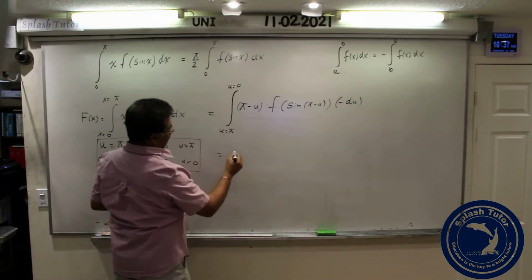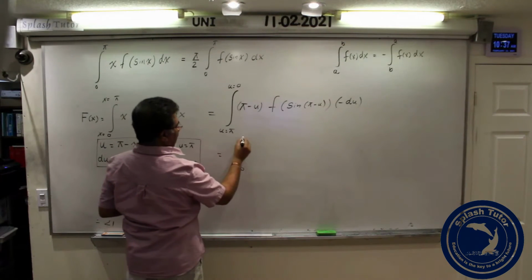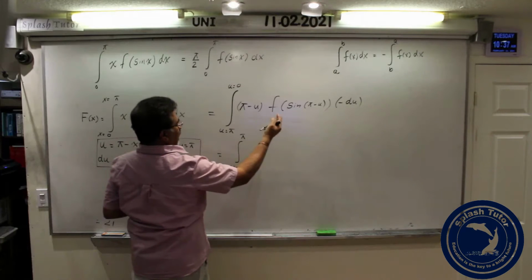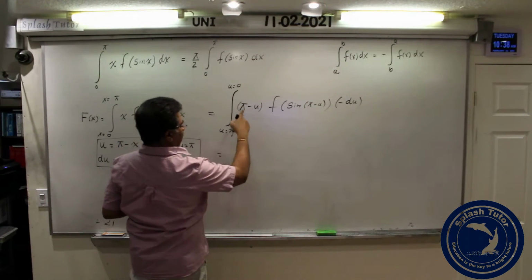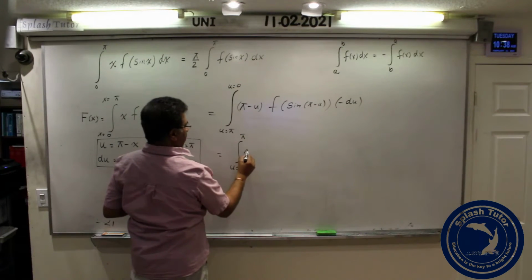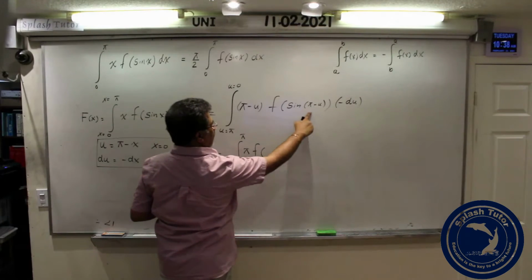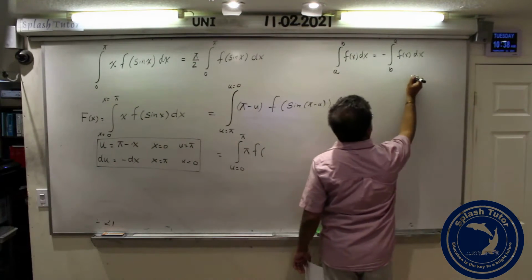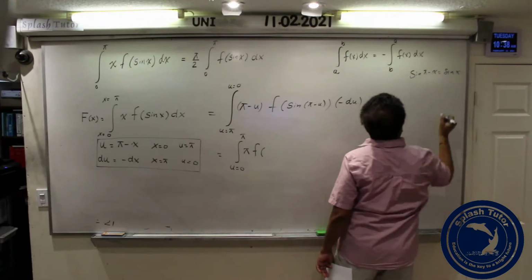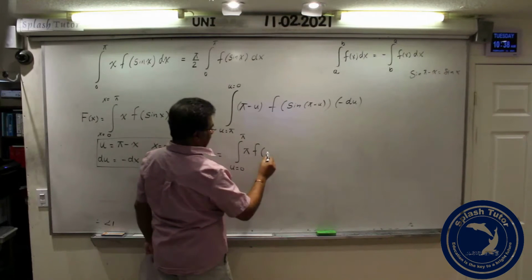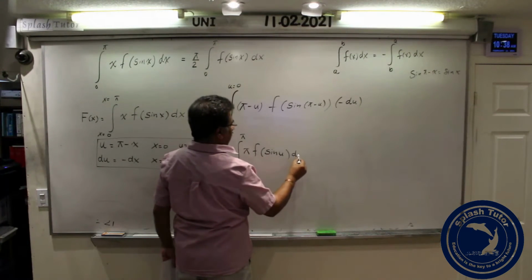So that is equal to the integral of u from 0 to pi. Because I flipped it, now I'm going to multiply this. That is the first one, pi times f of sine u, because sine of pi minus x equals sine x. That is sine u du.